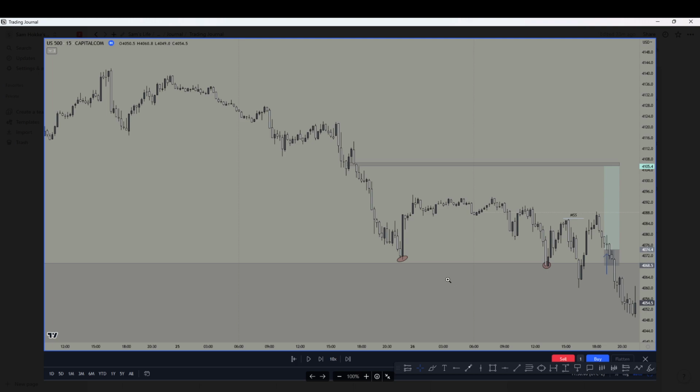As I said, we had already taken out the major buy side liquidity on the left side, but we have also taken out the buy side liquidity of the day itself, and also an intraday sell side liquidity has been taken out.